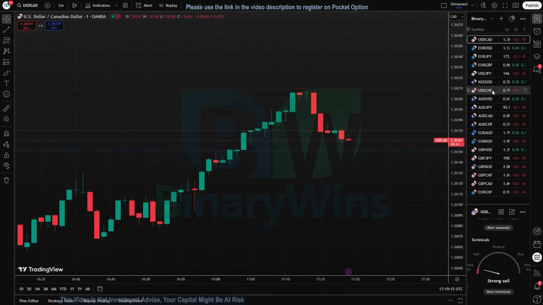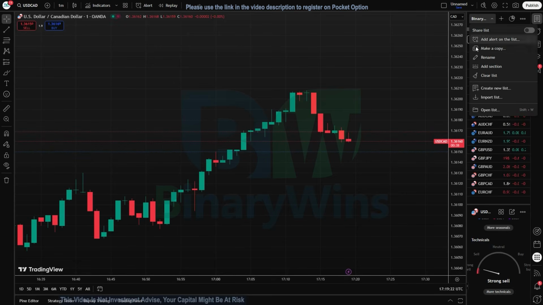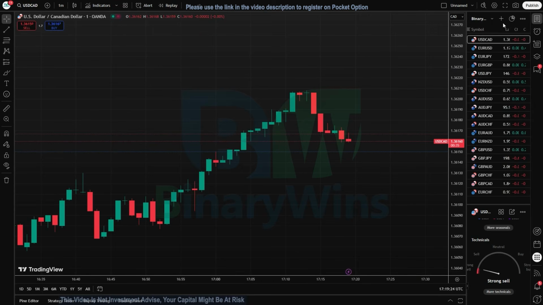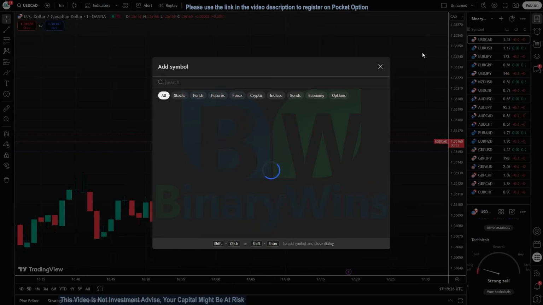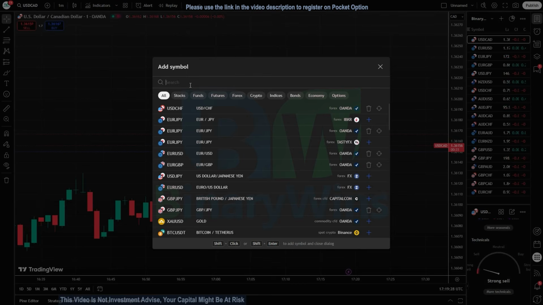You can add any currency pair you need in the left bar. Just create a wish list here. Then, click on the plus button and add the currency pair you need here to your list.